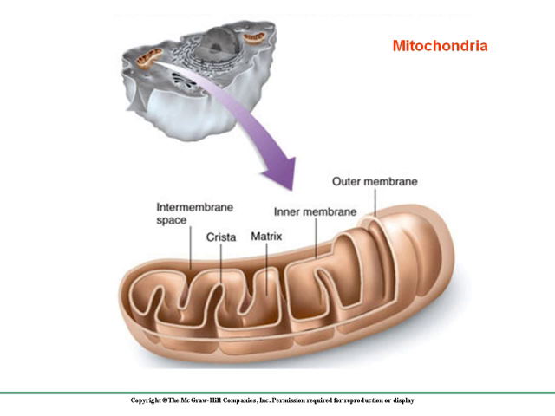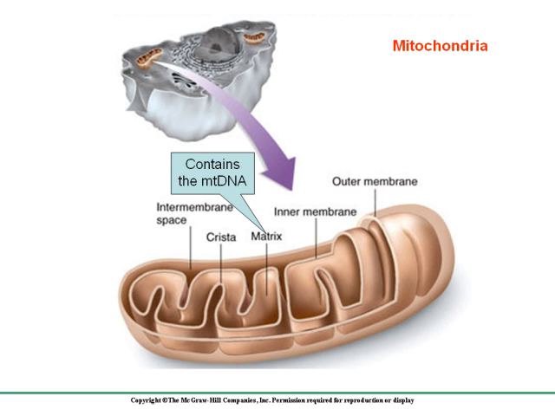Within the inner membrane, we have an area referred to as the matrix. We also have structures referred to as crista, or cristae for plural, that provide significant surface area for the inner membrane.